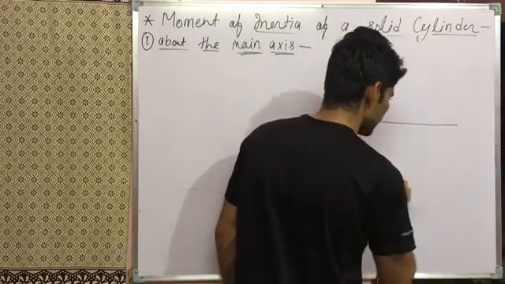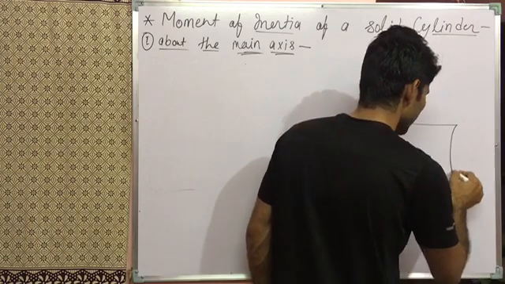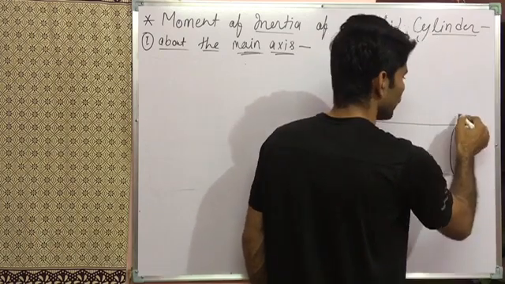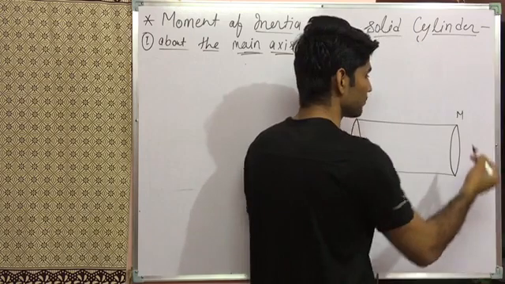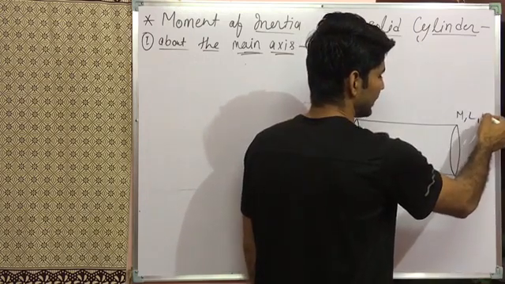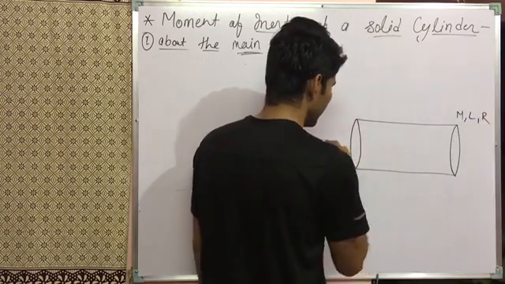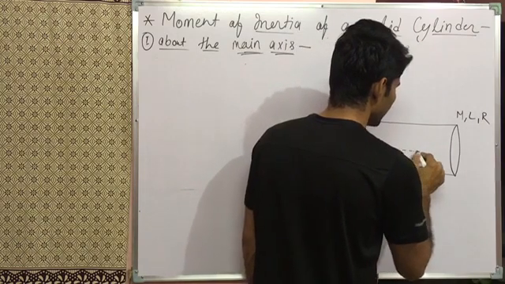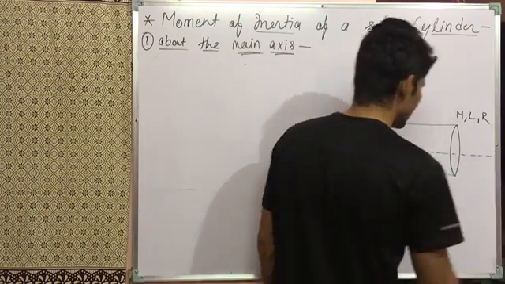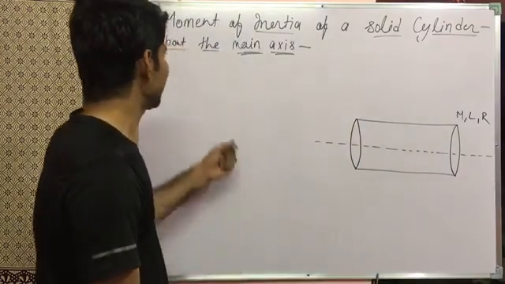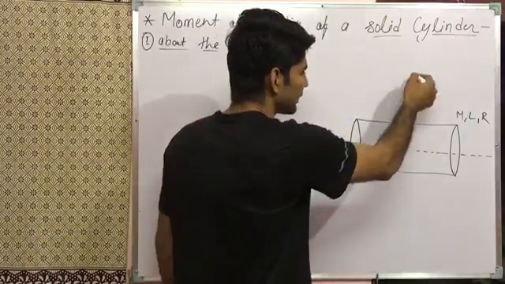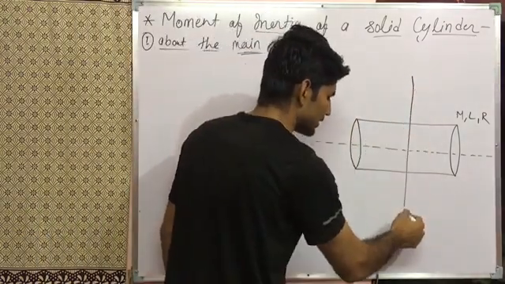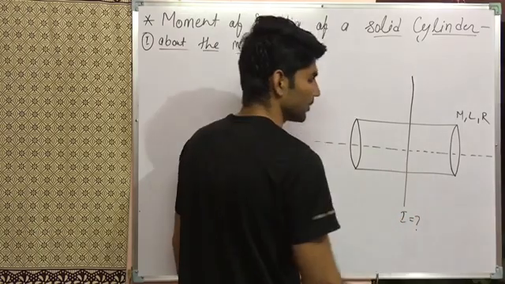So this is our same cylinder of mass capital M, length capital L, and radius capital R. And here is the axis about which we have determined the moment of inertia. But in the second case we take this axis, about which we determine the moment of inertia.